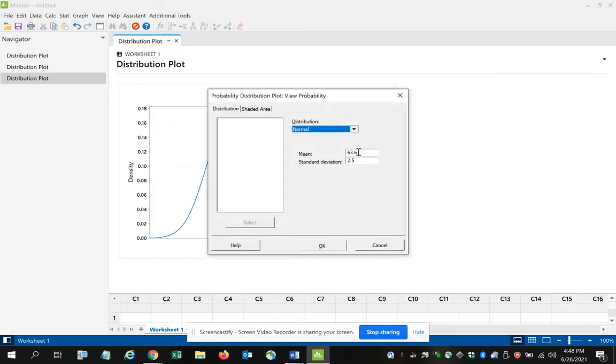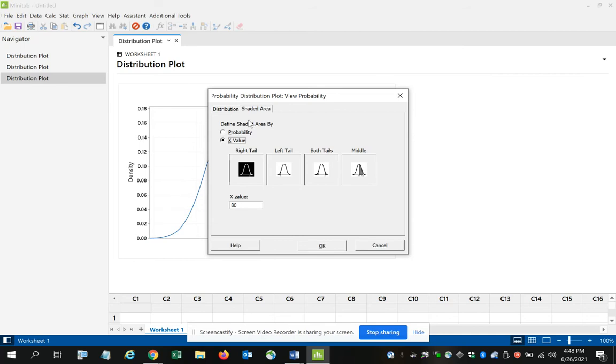Again, we have a normal distribution with a mean of 69 inches for the men and a standard deviation of 2.8. Then for my shaded area, this time my shaded area is defined by probability. It is a right tail and it's 5%. You do have to change 5% to a decimal.